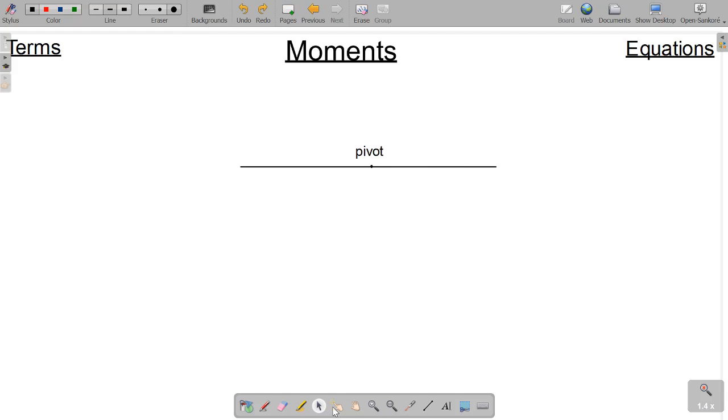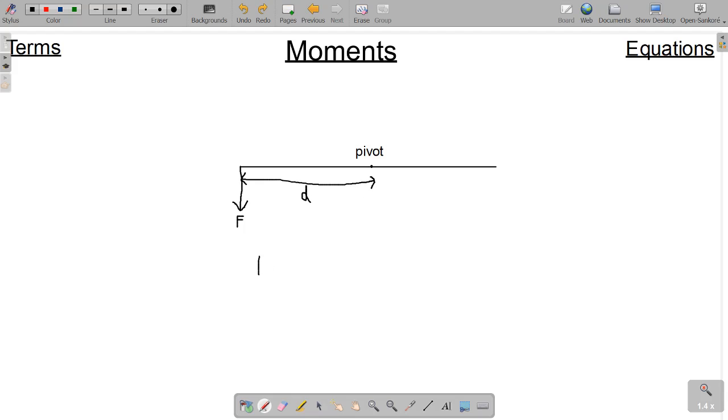Let's say you apply a force here, at the distance d away from the pivot.